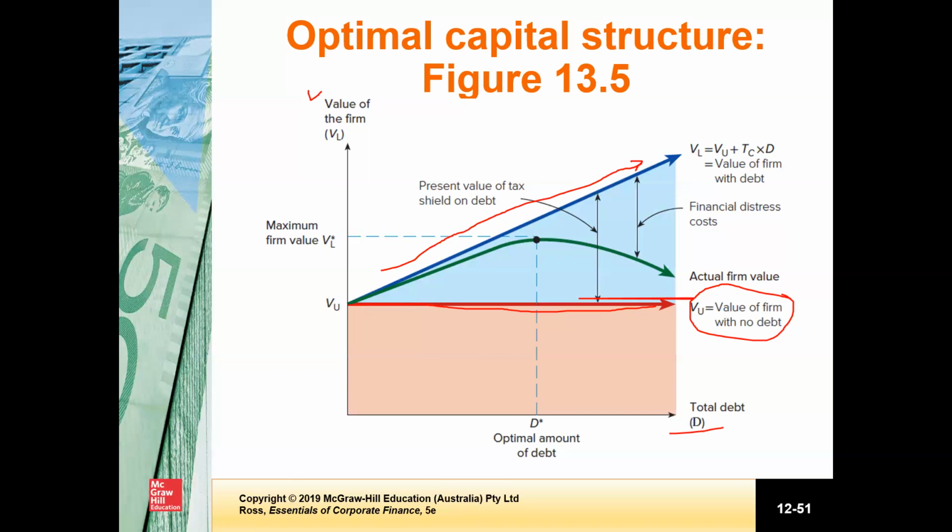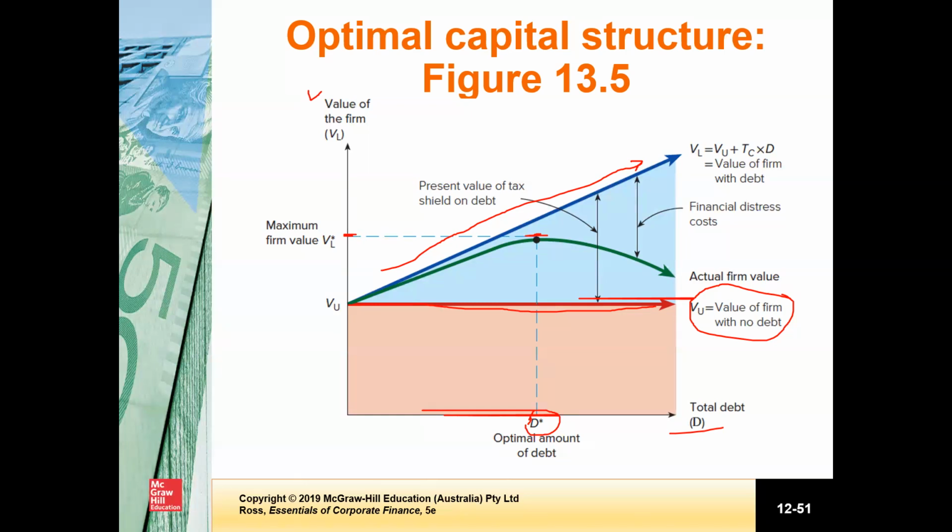The maximum value of the firm, VL star, is reached at the debt level of D star. This is the maximum value of the firm at D star, so this is the optimal amount of borrowing.